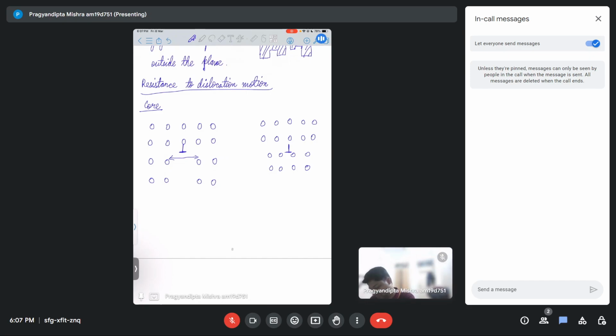So if I am looking at this, this was my width here. Here the width is something like this.